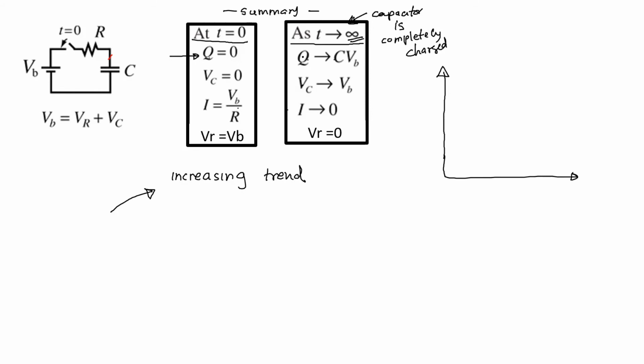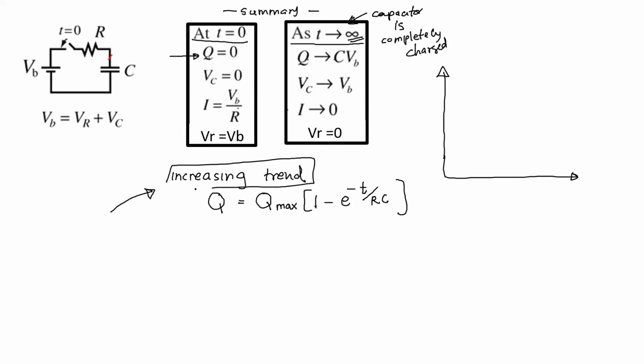Q has an increasing trend, so we'll have this equation: Q at time t is equal to the maximum Q value we can have, times the bracket 1 minus e to the power negative t divided by RC. This is the general equation for the increasing trend.